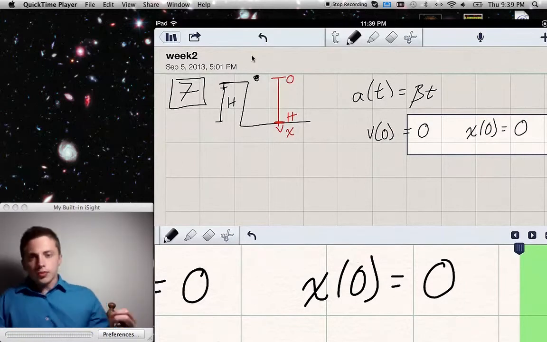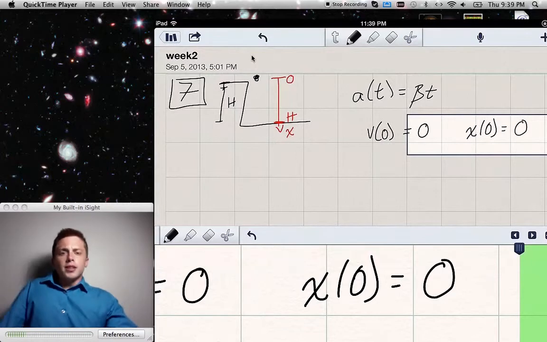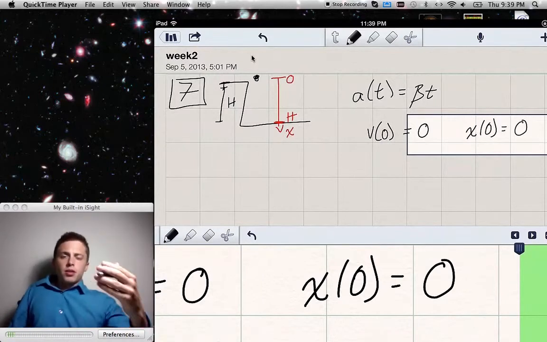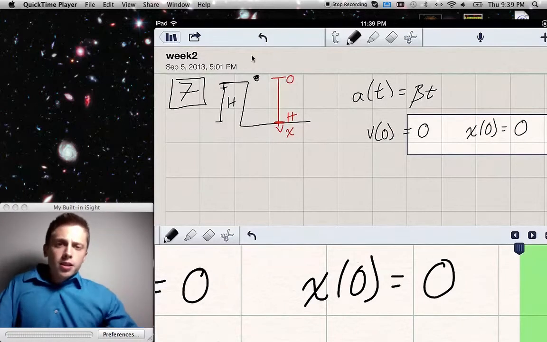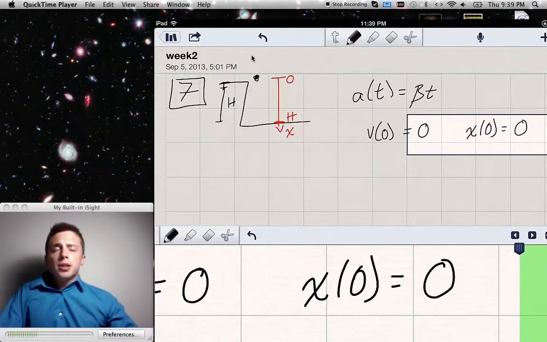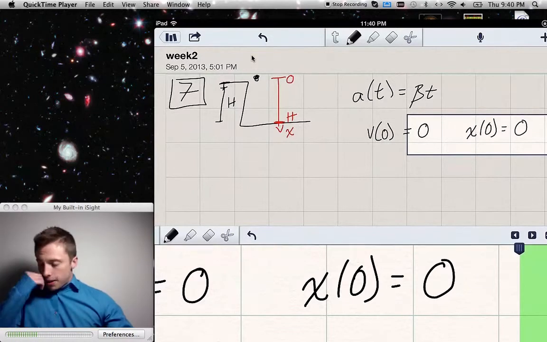The coordinate system you can think of the same way. It doesn't really matter where the 0 mark is. It's still going to function as something that tracks the position of the particle over time, or in this situation, a rocket. So you have the freedom to put the increasing direction wherever you want and have that 0 point start wherever you want. Now, granted, some coordinate choices are more convenient than others.